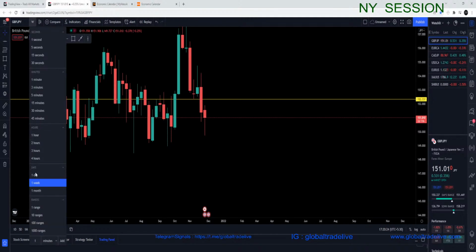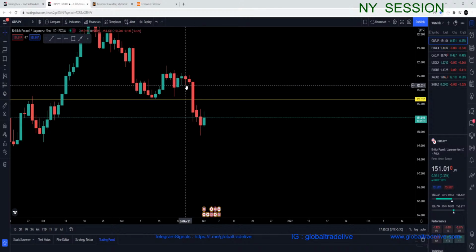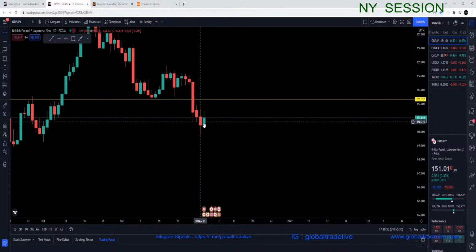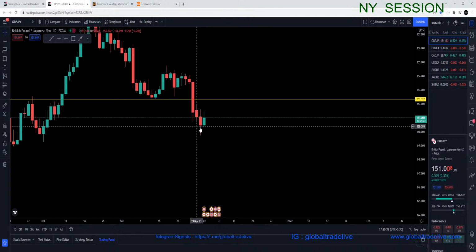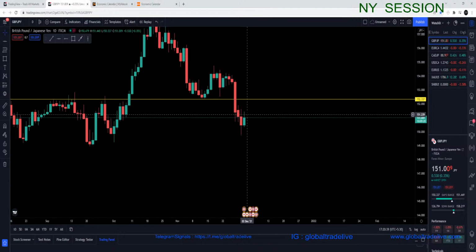So if I go to the daily now, oh nice, so the market broke below this area, and today's candle is printing bullish, right? And now today's candle is respecting the low of the previous day's candle, and it's rejecting the higher prices.